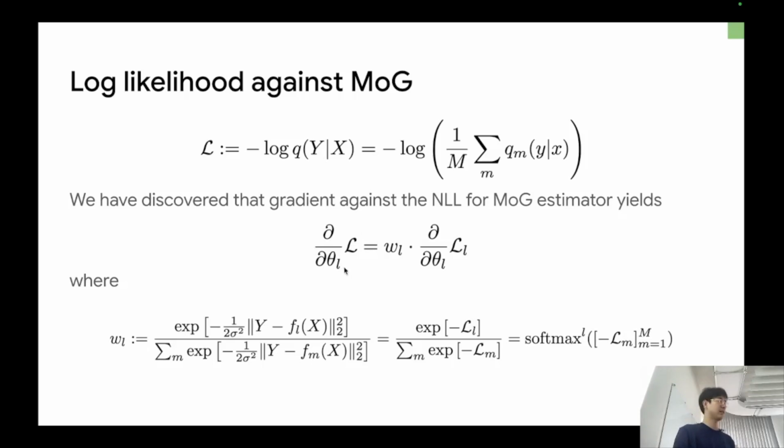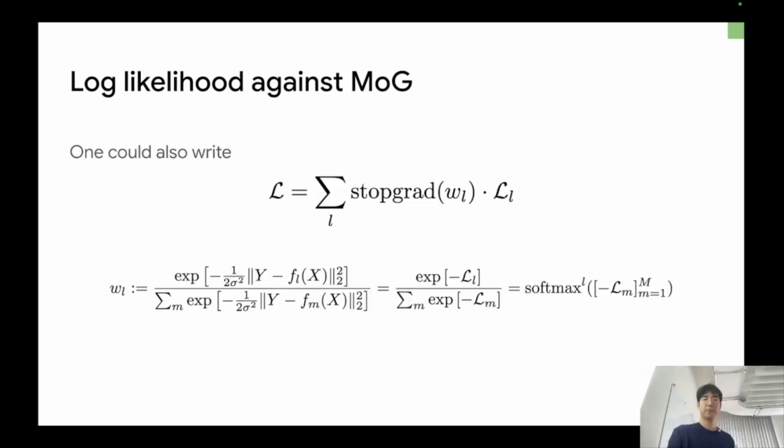The gradient is all identical except that there's a factor W_L in front. And again, this is a softmax, and what's inside is also a loss value, minus loss of index L. So you can write down the value here as the softmax over the loss values for each of the experts. So what does that mean?